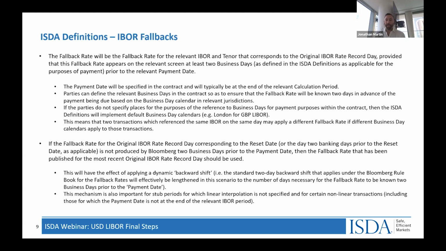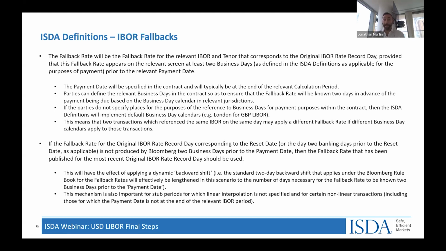If you've applied 3-month LIBOR to that stub, then you do exactly the same thing. 2 days prior to your payment date, you look at whether the fallback rate has been published by Bloomberg for 3-month LIBOR for your original rate record date.